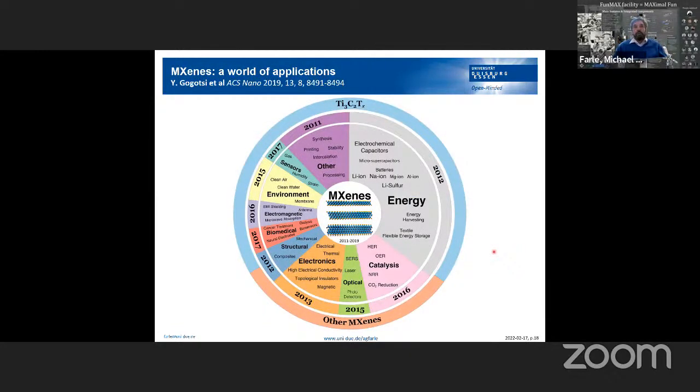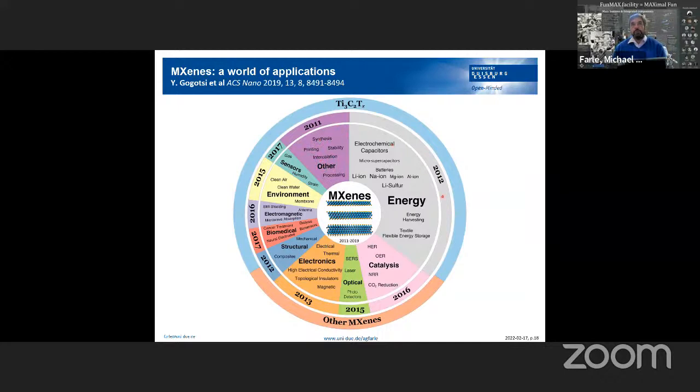They find applications in nearly everything, you could say: in energy, catalysis, optical, in electronics, in structural mechanical composites, biomedical applications, electromagnetic shielding, environment, water cleaning, as sensors, and whatever you can imagine, I might say.